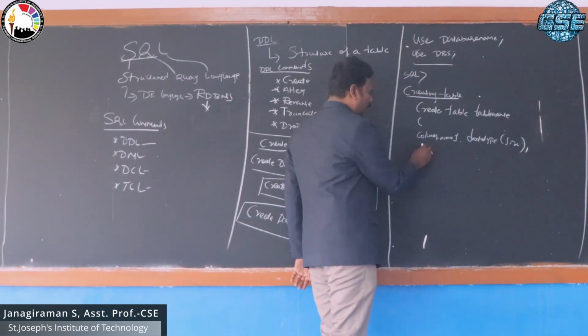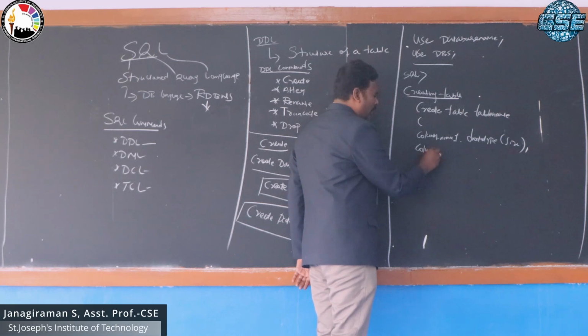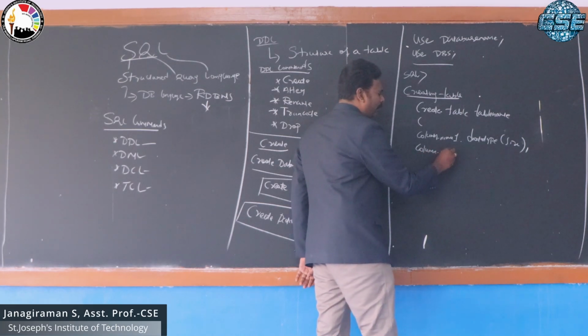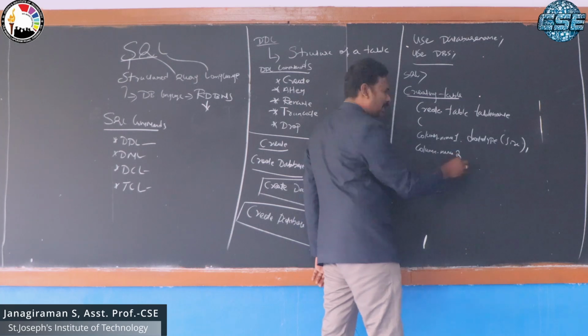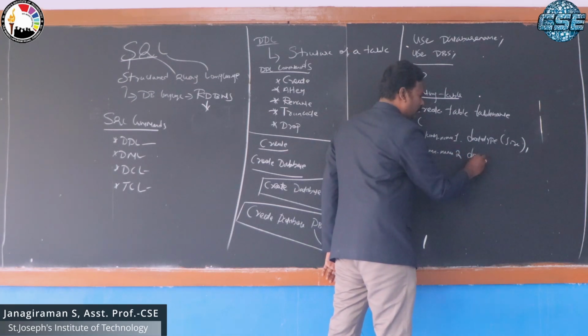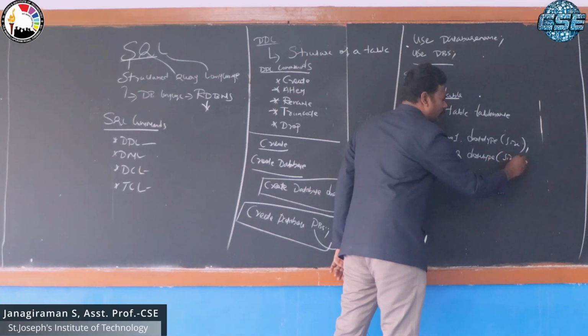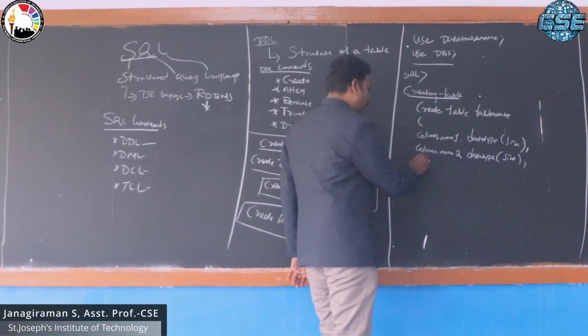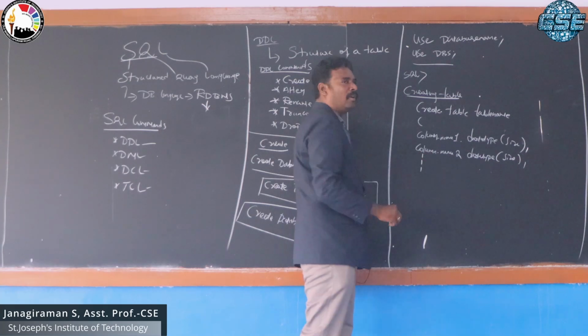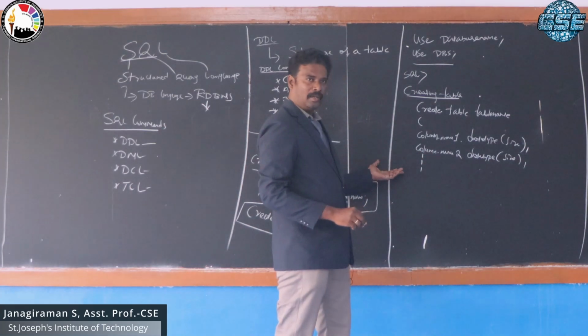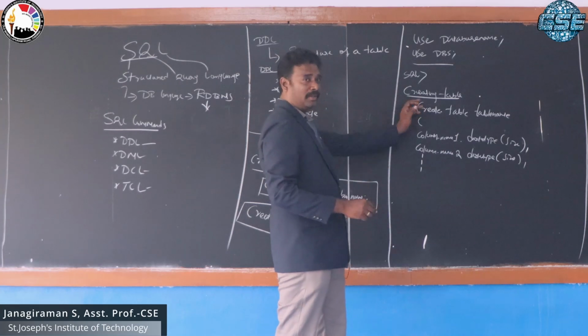Okay, again column name 2, data type, size, comma. So you can create n number of columns as your query demands or as your table demands.